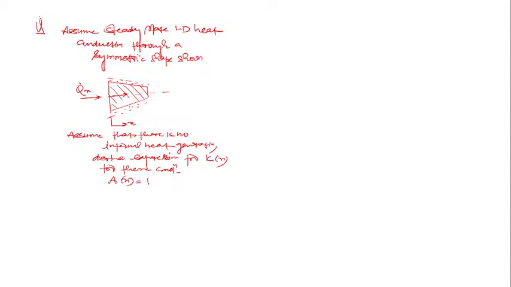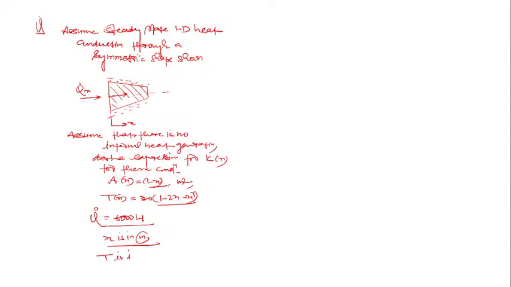Area is a function of x here, 1 minus x. This is how the area is going to vary. Temperature as a function of x is given as 300 into 1 minus 2x minus x cube. The temperature profile is given, and the heat transfer rate is 6000 watt, where area is in square meter, x is in meter, temperature is in Kelvin. Clear beta? Listen.